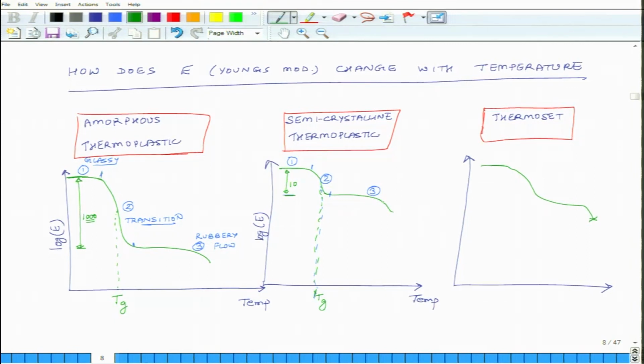So, here you have rubbery flow, but here what happens is, okay, so I will just first write it down. So, this is where your glass transition temperature is. Okay. This is your region 1, this is your region 2.